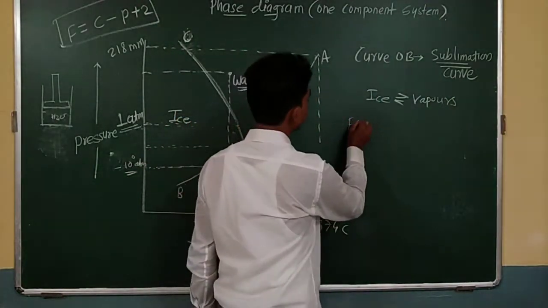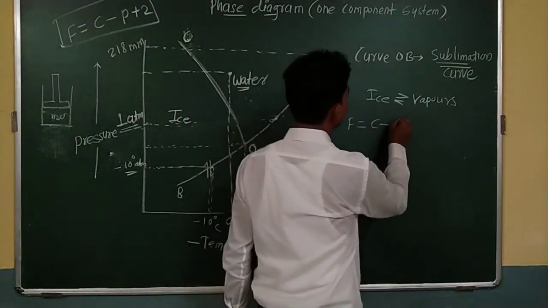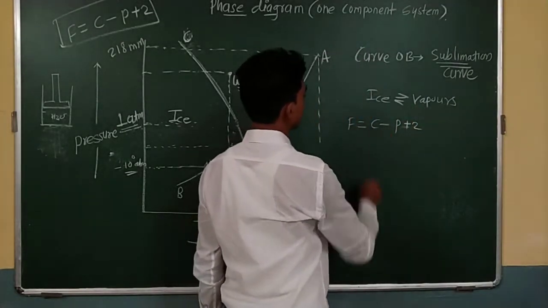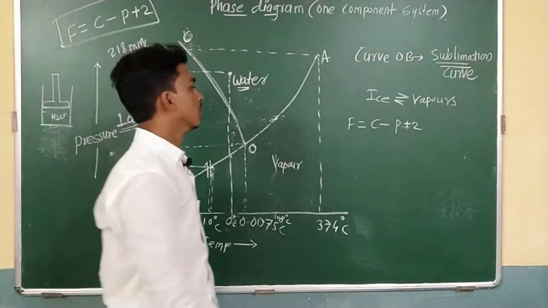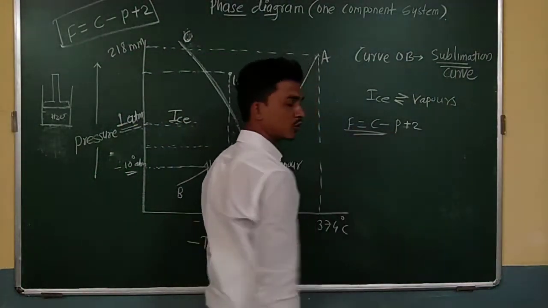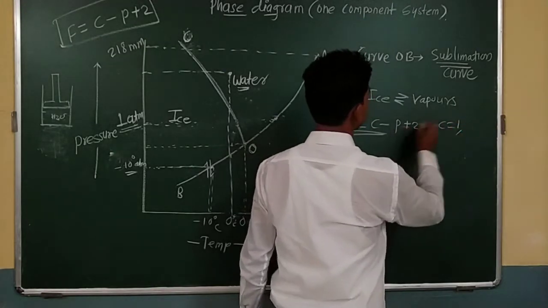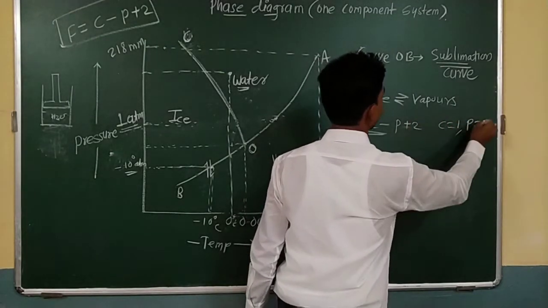So by using the phase rule we calculate the number of degrees of freedom. F is equal to C minus P plus 2. This is the equation of the phase rule. C, the number of components, is 1, and P, the number of phases, is 2.